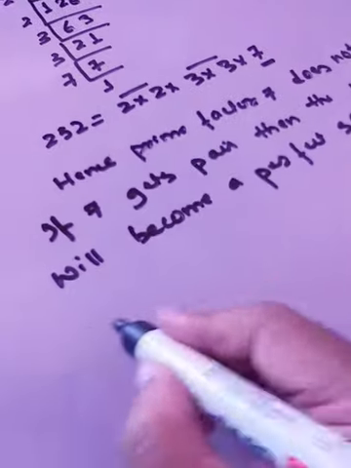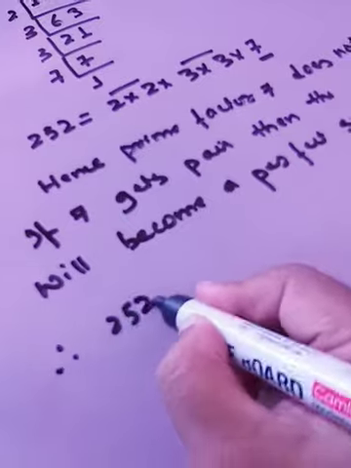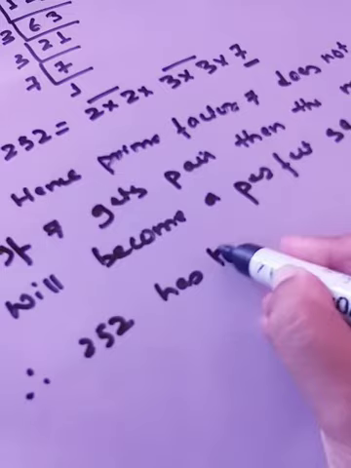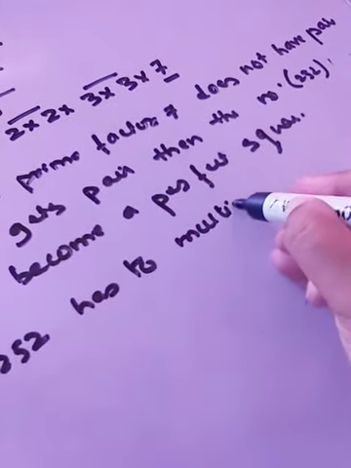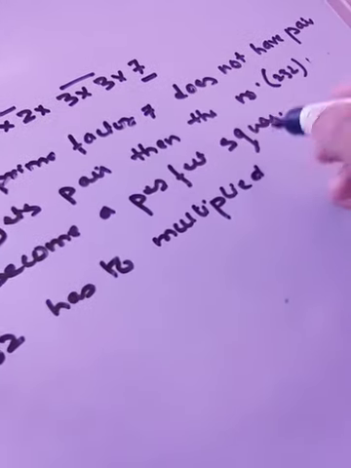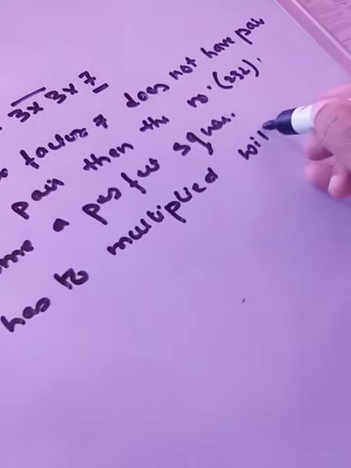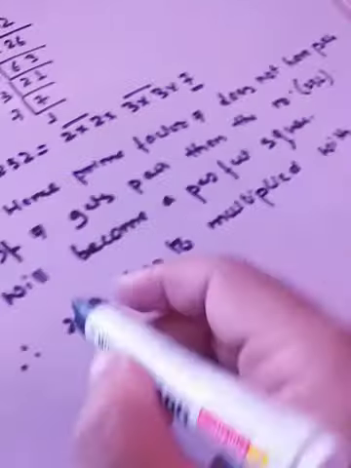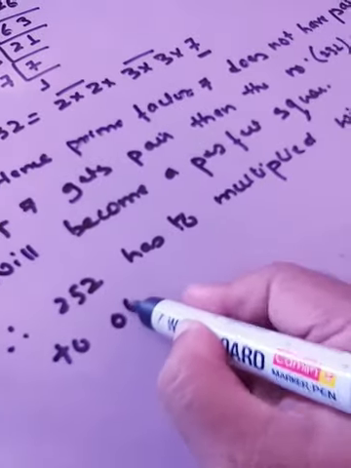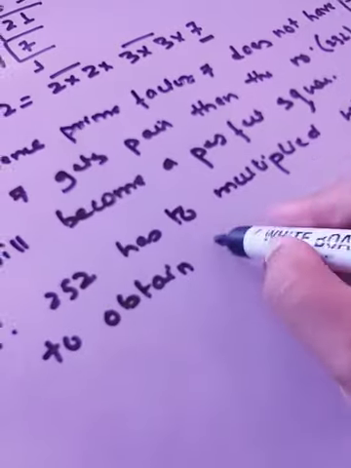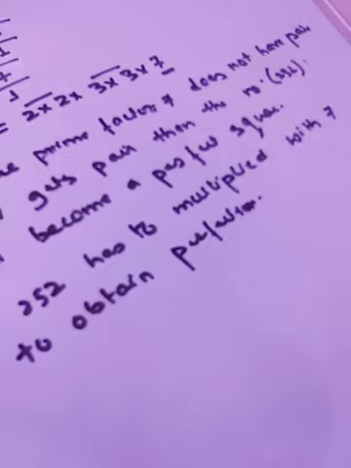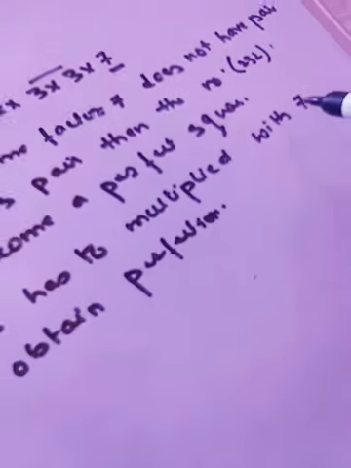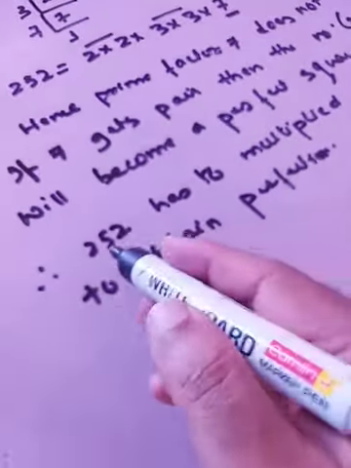Therefore, 252 has to be multiplied with 7 to obtain a perfect square. So this is the first answer, because they asked what is the smallest number, and we have answered that: it is 7. Now we'll show what exactly happens when we multiply 252.